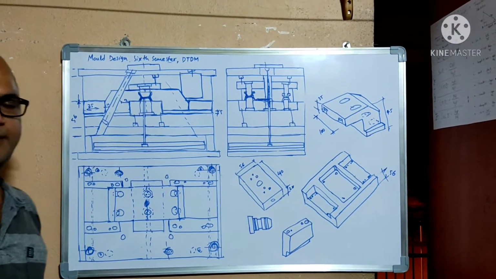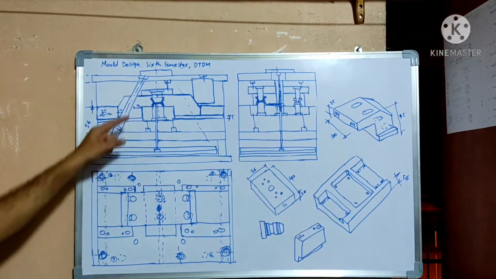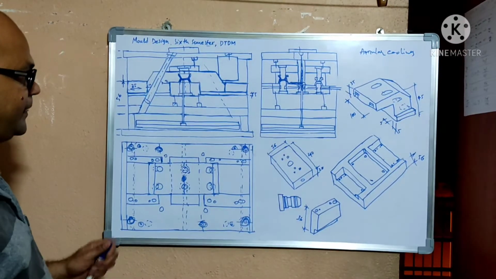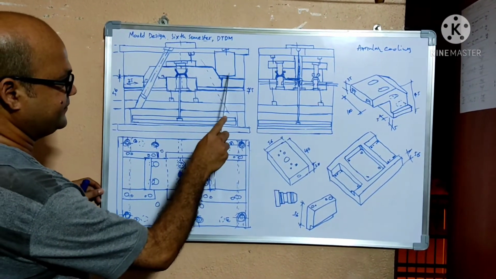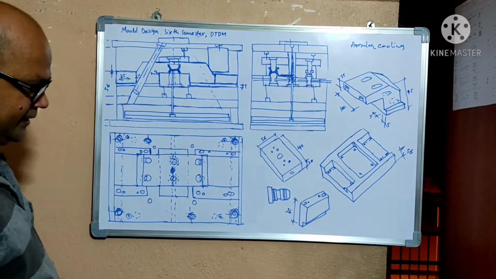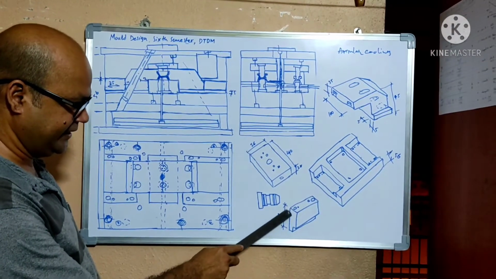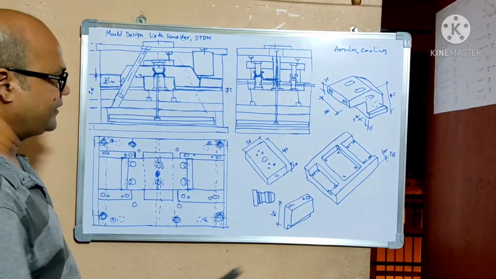As per the dimensions and standards you have to draw the locating ring. Here you are observing the size of the guide. The length of the guide is given as 36 mm.